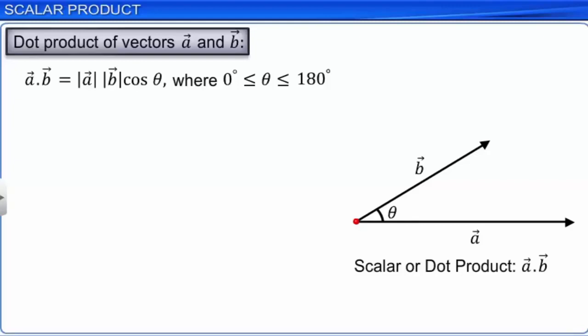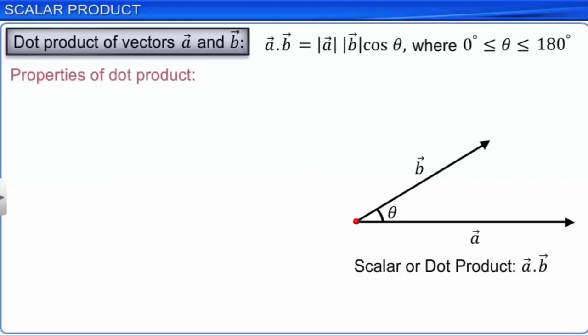The range of theta is from 0 degrees to 180 degrees. If either vector A or vector B is a zero vector, then angle theta between them is not defined, and hence their dot product is 0.